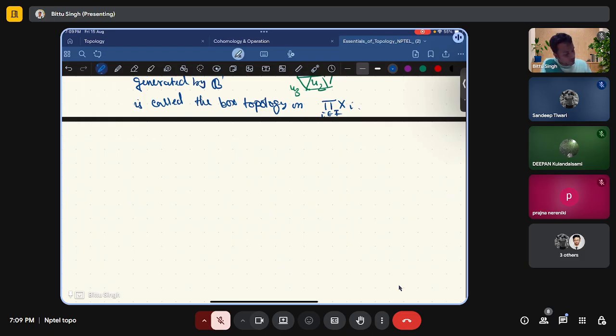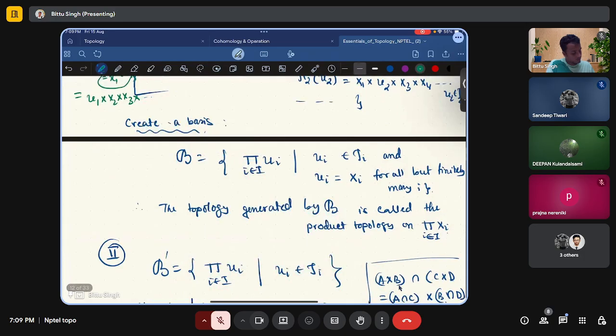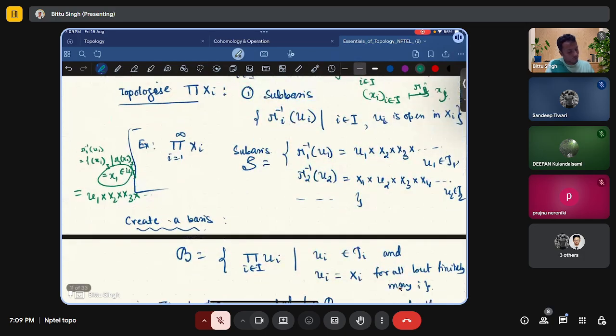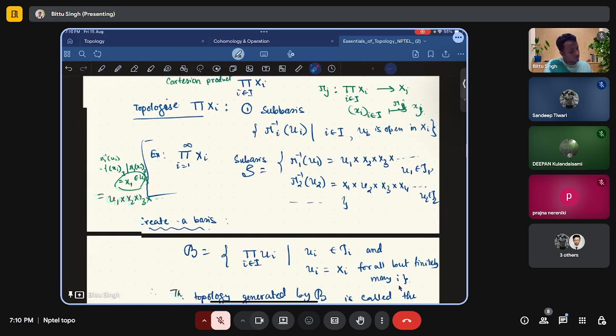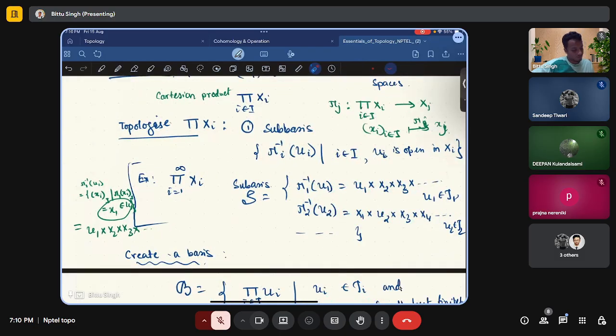So first, note that the box topology is finer than the product topology. What are open sets in the product topology? This kind of thing, right?